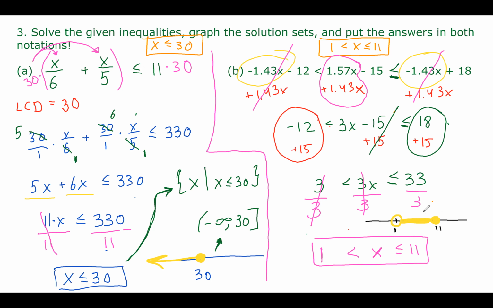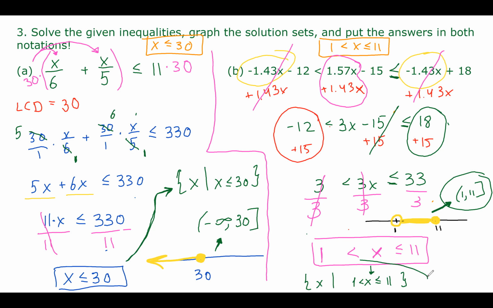Now from here, I will do the interval notation, right? So I'll say from 1 to 11, including. Like this will be the interval notation answer. And from here, I'll use the set builder notation. I'll say all x such that 1 less than x less than or equal to 11.